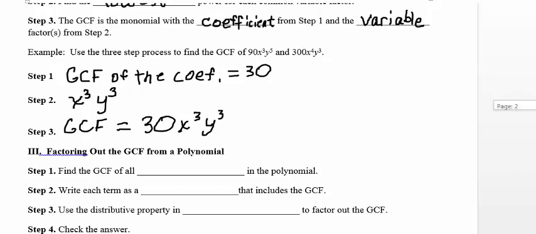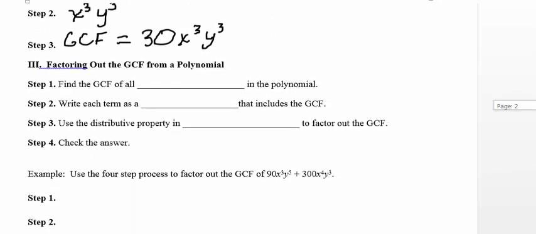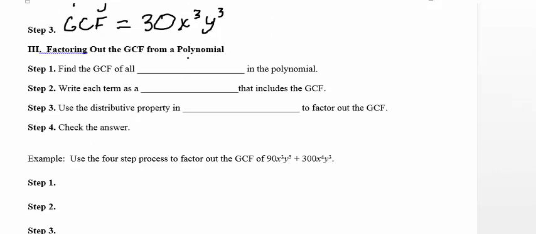So when we want to factor out the GCF from a polynomial, we're going to find the GCF of all terms in the polynomial. We're going to write each term as a product that includes the GCF.